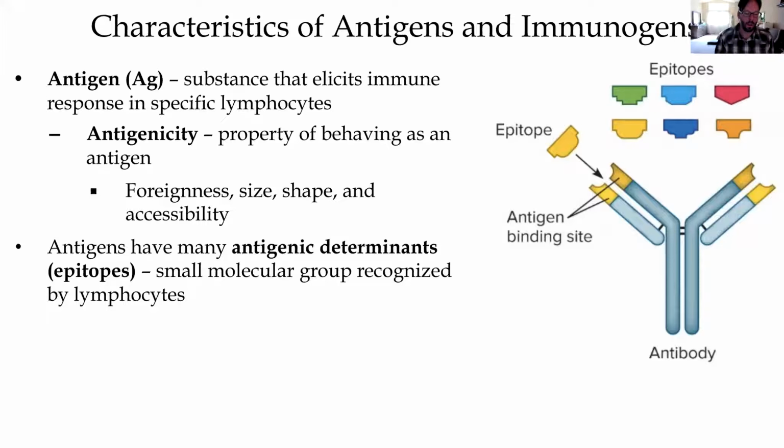What makes an antigen an antigen? Well, it has an epitope, okay? So the tip of the antigen is what's called the epitope. That is what's being fashioned to be complementary to the antibody. The antigen comes from the foreign invader.